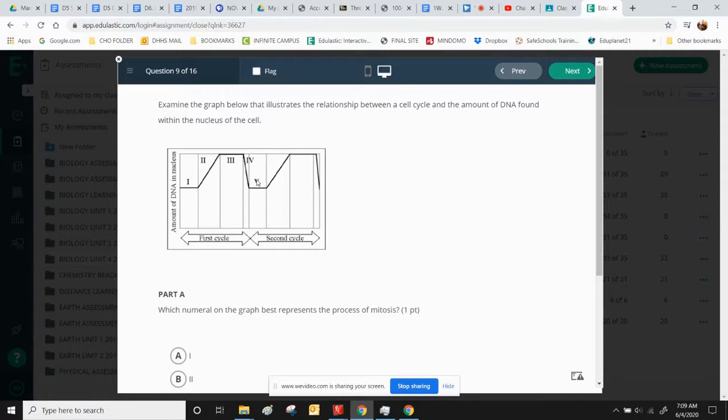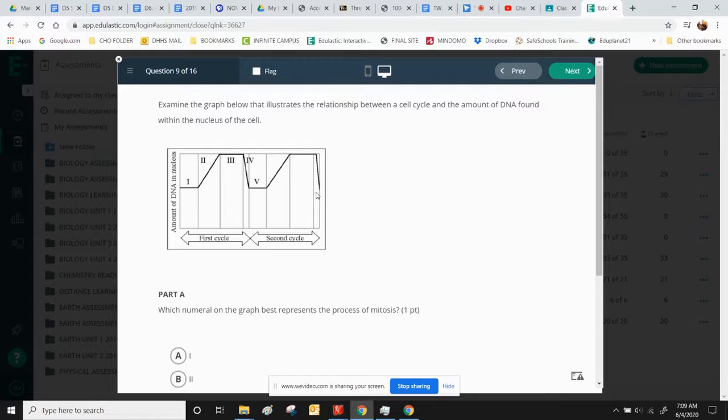So the numerals just represent numbers. On the y-axis, it's the amount of DNA. So if we look at this just from the y-axis, we're talking about no change in the amount of DNA, an increase in the amount of DNA, a period of no change after the increase, and then a period of a decrease, and then no change, and then an increase, and so forth.